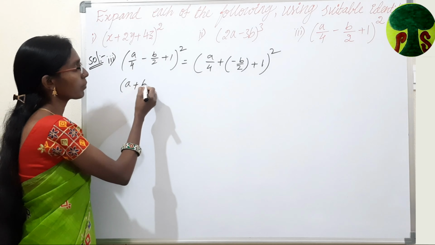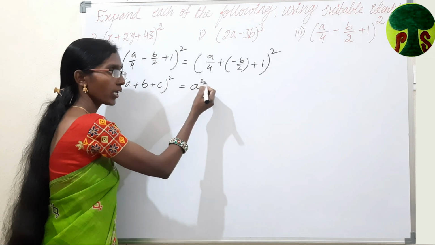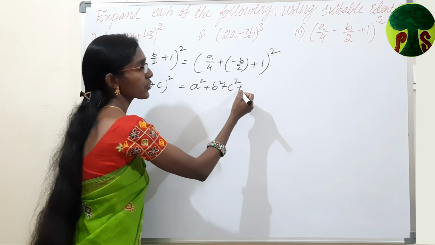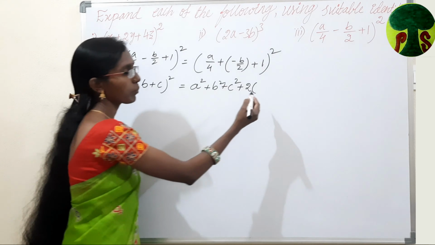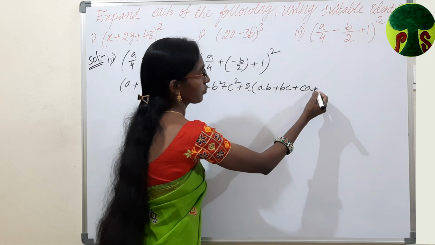(a + b + c) whole square is equal to a square plus b square plus c square plus 2 into (ab + bc + ca).